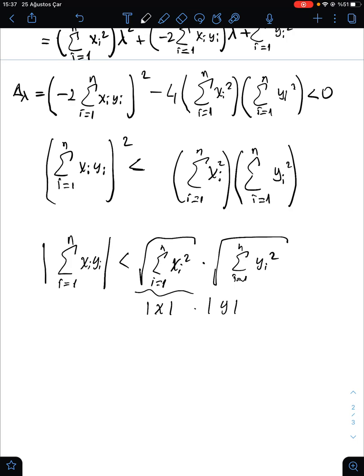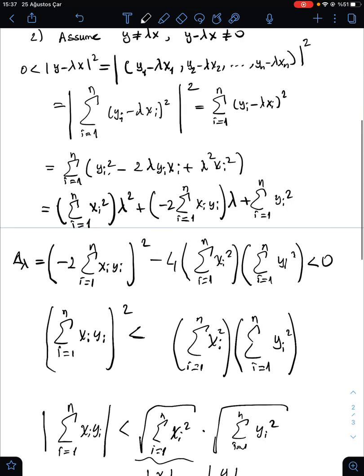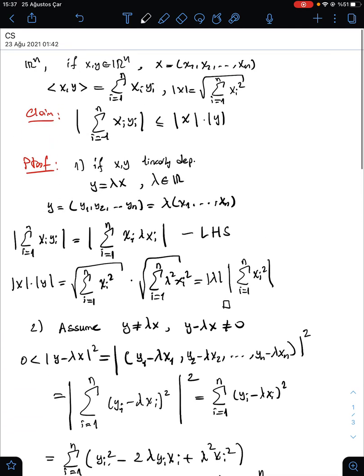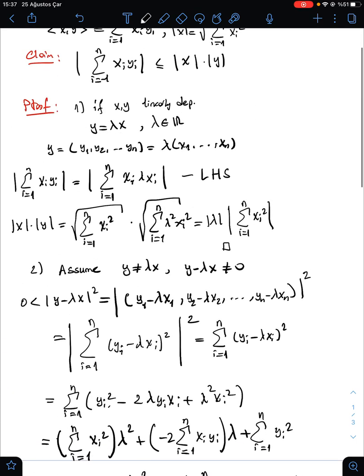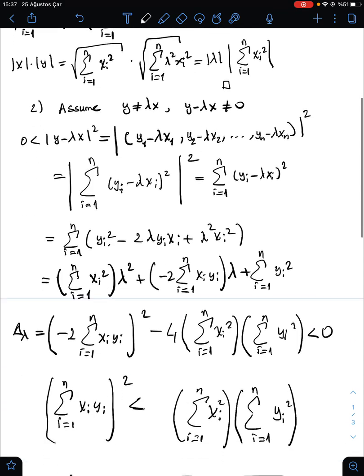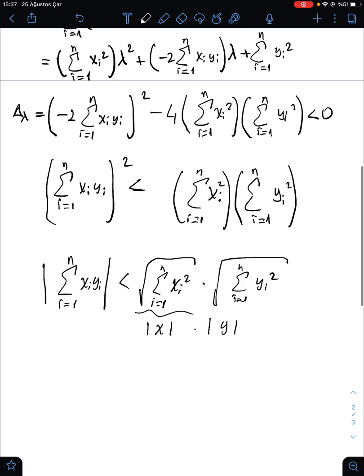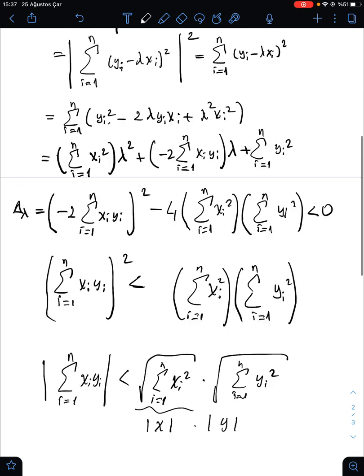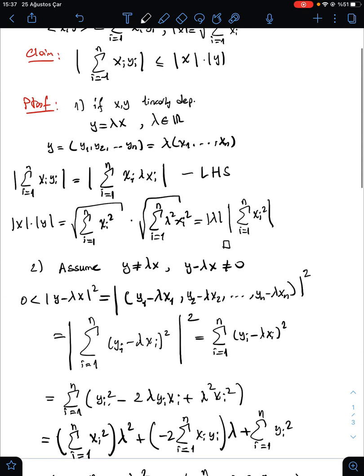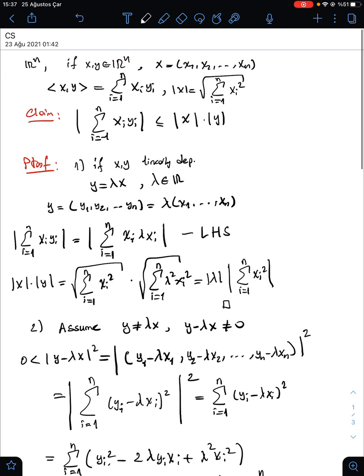No reduction here. So we get the desired result: the absolute value of the sum of this product is less than or equal to the product of these two lengths. We've proved the first case: indeed, if they are linearly dependent, the equality holds. In the other case, we prove that the strict inequality holds if they are not linearly dependent. Moreover, we can say that there is equality if and only if x and y are linearly dependent.